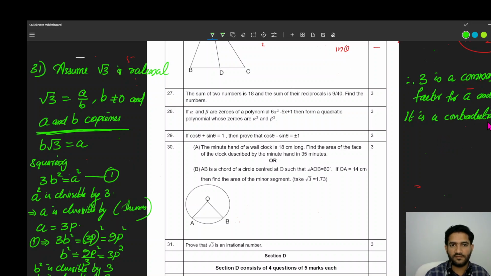The problem is our assumption. We assumed root 3 is rational, so therefore root 3 is an irrational number. The same proof we use for every question, for root 3, root 5, root 11, root 7.